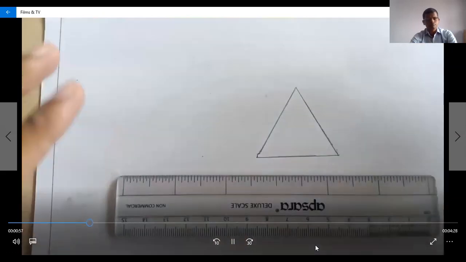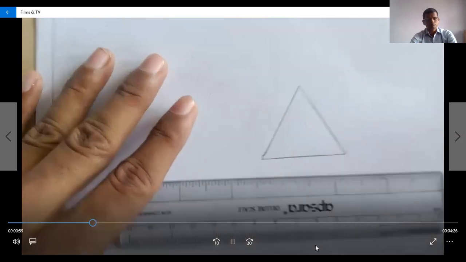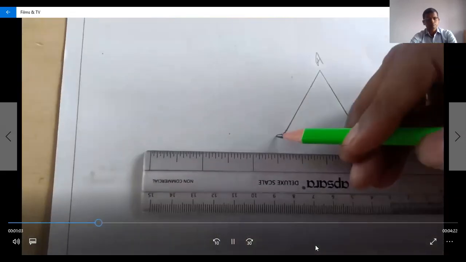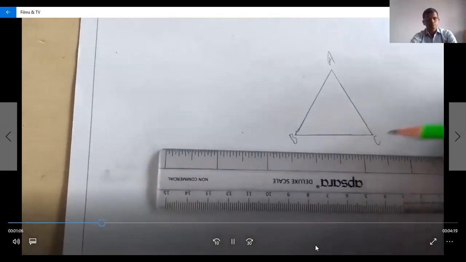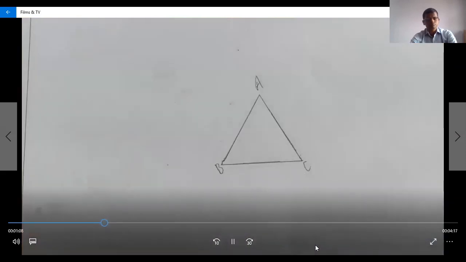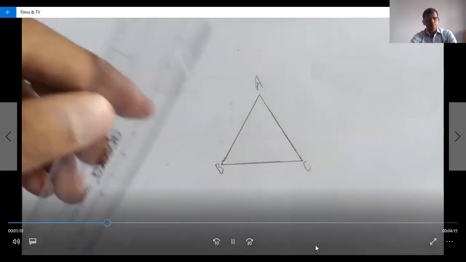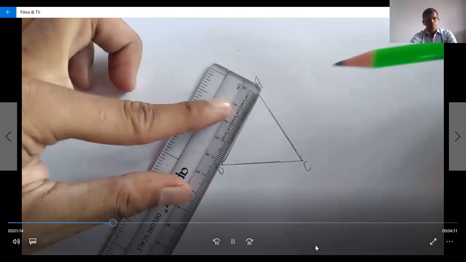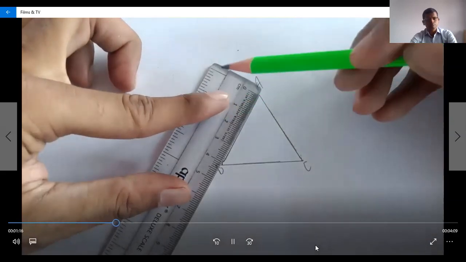After that we mark the points A, B, and C. On the surface AB, we mark the half point of AB.